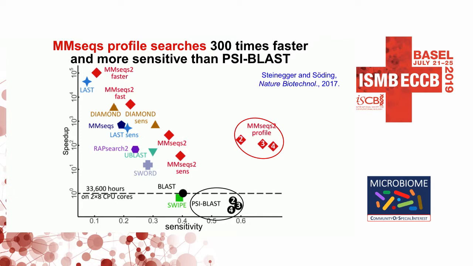So you do one iteration through a big reference database, you accumulate those sequences, and you put them into a multiple sequence alignment, you do a second search, and because you now have gained a lot of evolutionary information and put it into your profile, you get much more sensitive when you then do functional annotation. And this shows you the sensitivity and runtime for the second, third, and fourth iteration.